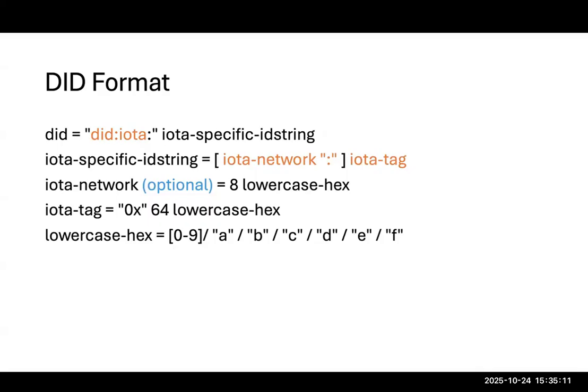the method specific ID. In their specification, they didn't use this name, but used IOTA specific ID string. The IOTA specific ID string contains one more piece of information, the IOTA network, because typically the foundation behind the DLT deploys a mainnet and a testnet.